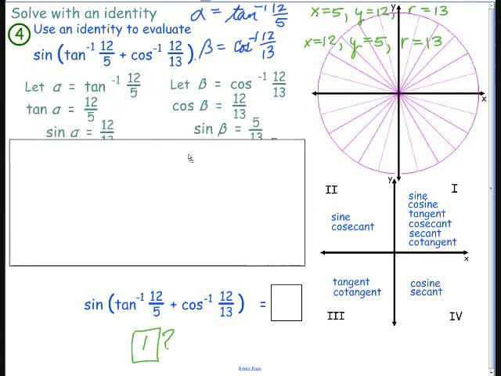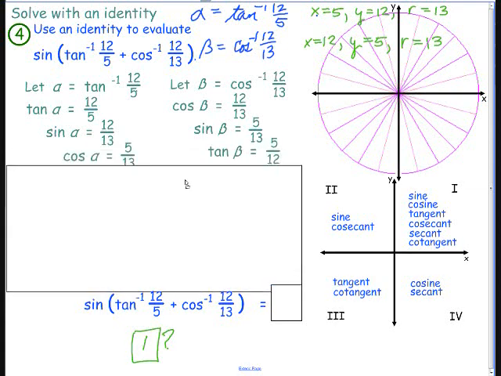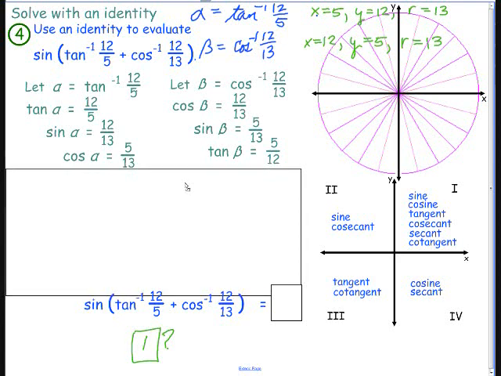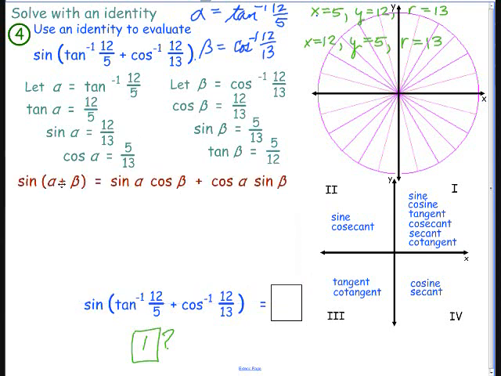So I can figure out my sine and my cosine for each of these, which allows me then to go ahead and use a double angle identity. So what will this be?